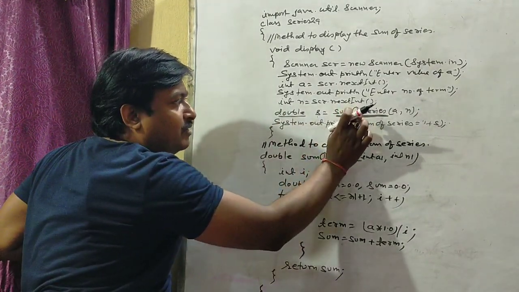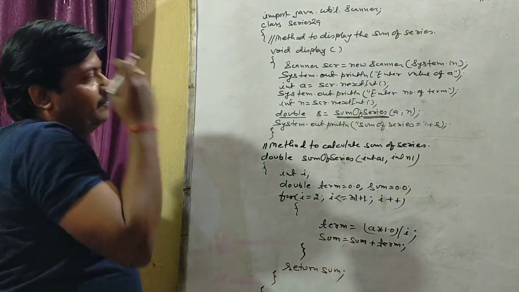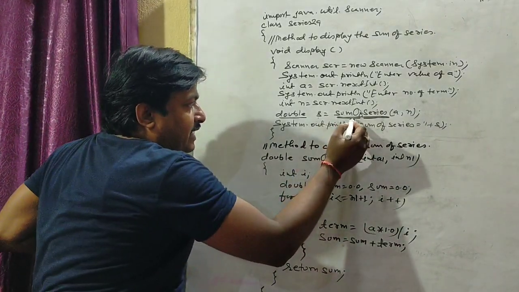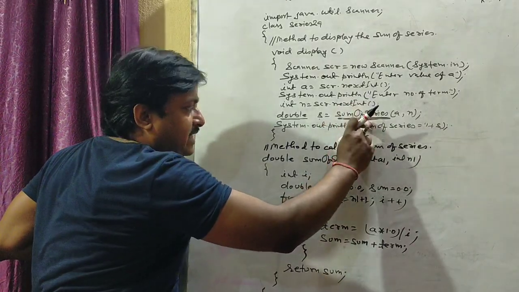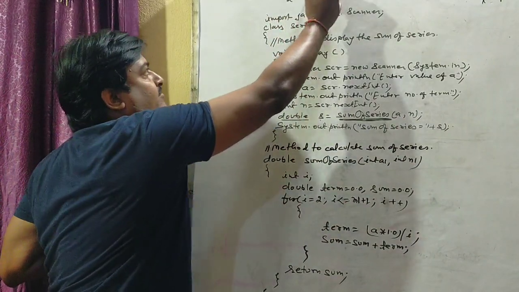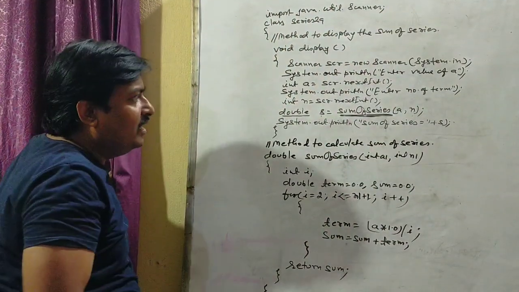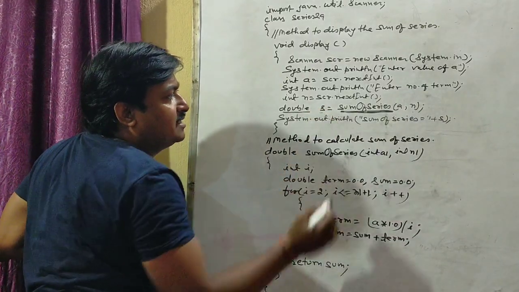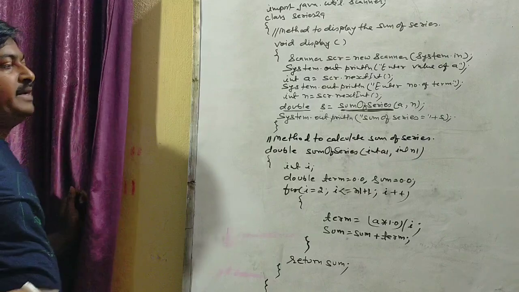Here a is the value and n is the number of terms. The sum is stored in variable s, and we print the sum of series equal to s. This way the sum will be printed.